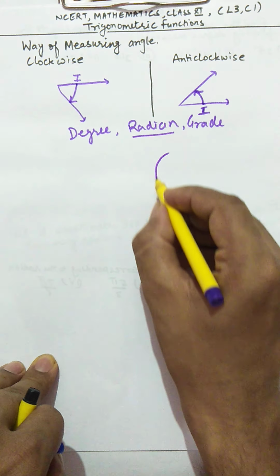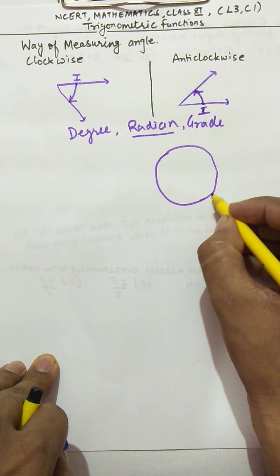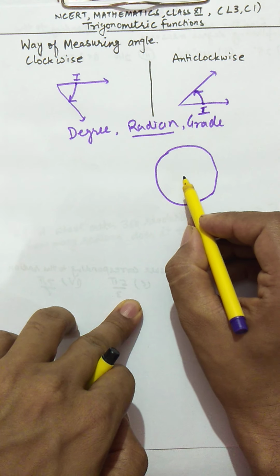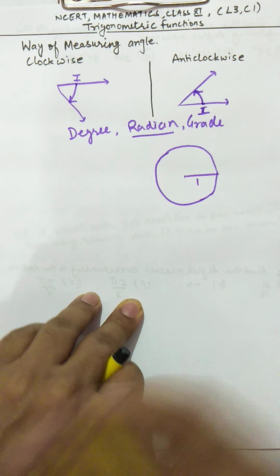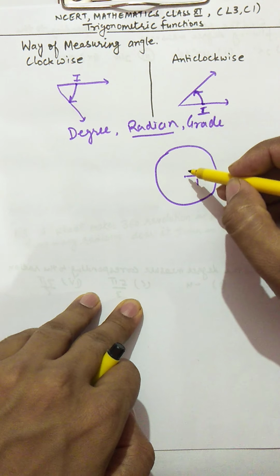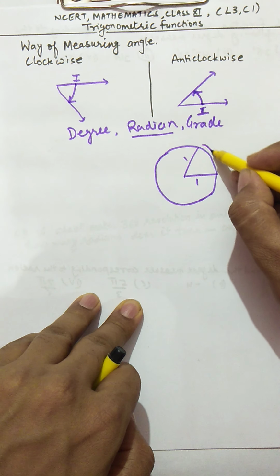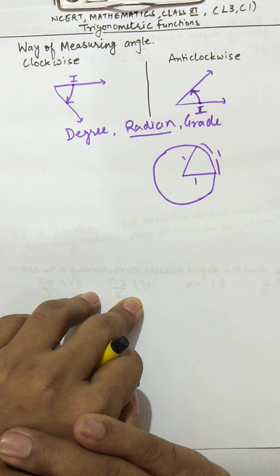See, I am taking a unit circle. A unit circle means a circle which has radius 1. So this is your radius, 1 unit, and this is another 1 unit, and this is your arc of length, also 1 unit.